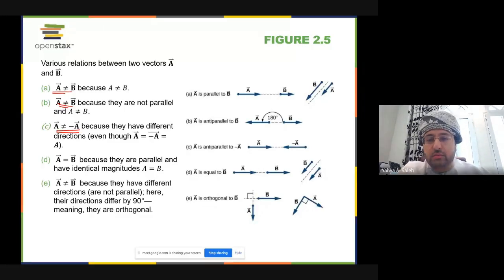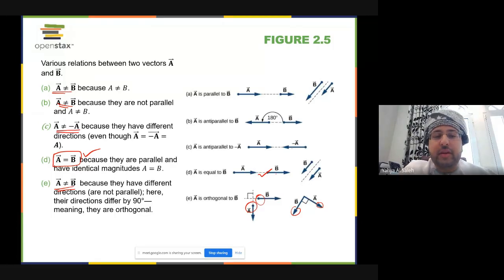This is equal because they have the same length and the same direction. So here, A is equal to B. Now in this option, we have different magnitudes and different directions. Both of them are not equal.